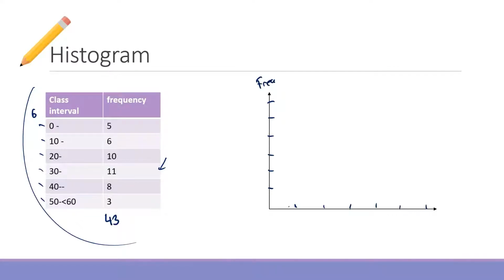This is frequency, and the bottom is our class intervals. So our bottom class interval is 0. Then we've got from 0 to 10, 10 to 20, 20 to 30, 30 to 40, 40 to 50, 50 to 60. It doesn't matter that I got a bit extra, because if you have an extra centimeter at the end, that's okay. On the left, I'm going to go up by 2, 4, 6, 8, 10, 12.